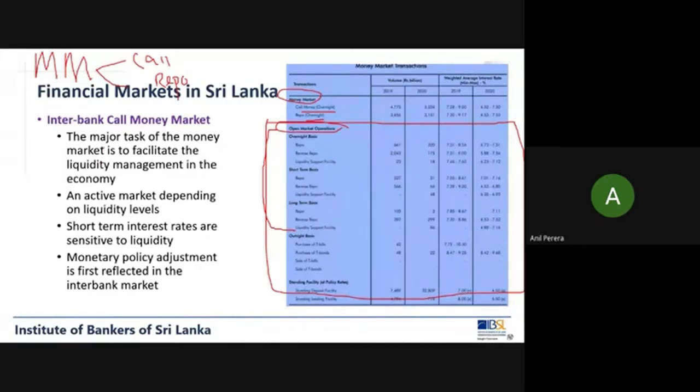Banks need money on a day-to-day basis because customer transactions are happening. When the customer transactions are happening, sometimes a bank might be experiencing more than expected withdrawals, more than expected deposits, more than expected borrowings, more than expected repayments.